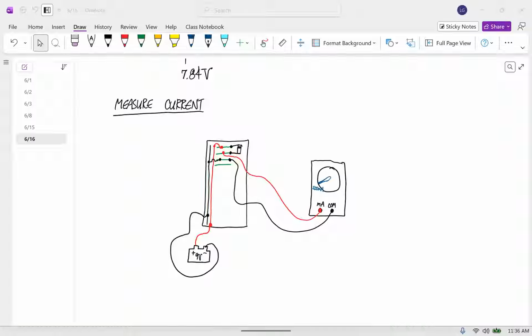The last thing I want to talk about today is resistors in series.